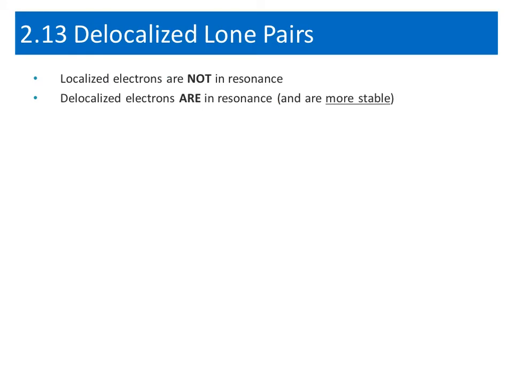Let's talk about localized and delocalized electrons, the difference between them and why that difference is important. So if you look at these two structures, on both of these structures, I have a lone pair of electrons on nitrogen. However, this lone pair on this structure cannot participate in resonance.